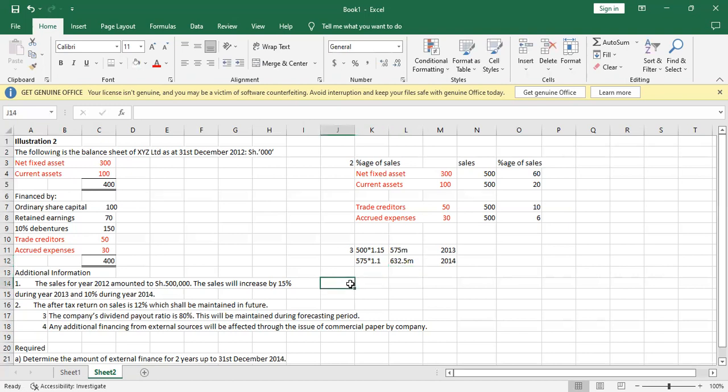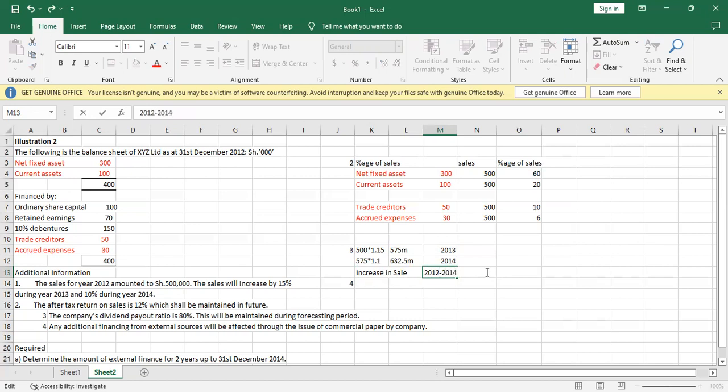The last step, which is step number 4, is to know the increase in sales. You are looking for the increase in sale. So we are looking for the duration between 2012 to 2014.